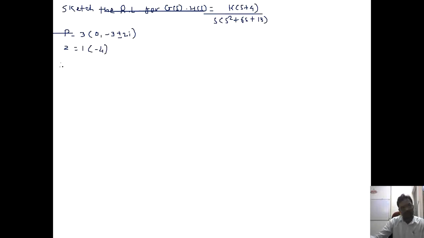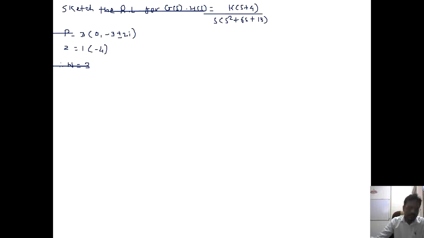So the number of branches of root locus is the bigger number among p and z. So the number of branches will be 3. See here, 3 branches of root locus will start from the poles because p is equal to 3, and 1 zero is present.